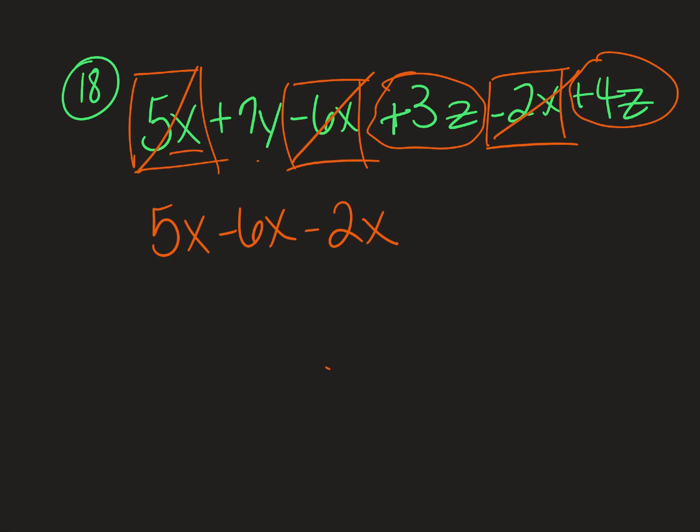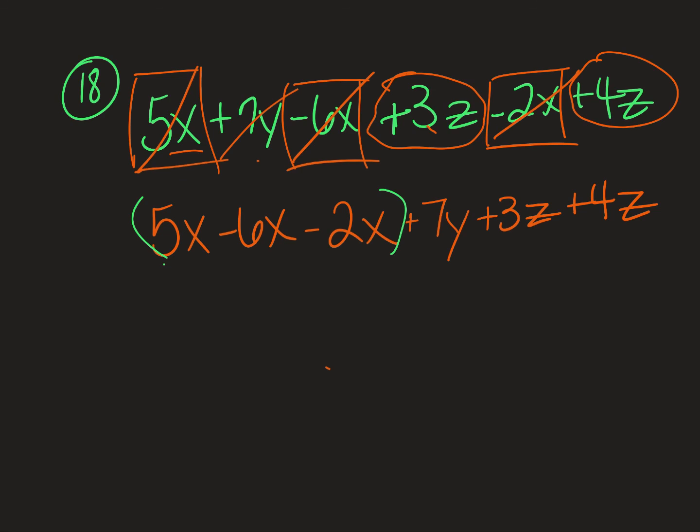Then I'm going to go ahead and bring down my 7y. I don't have anything to combine there, but I'm going to bring that down. Now I'm going to bring down my z's: plus 3z plus 4z. Now I'm going to combine.